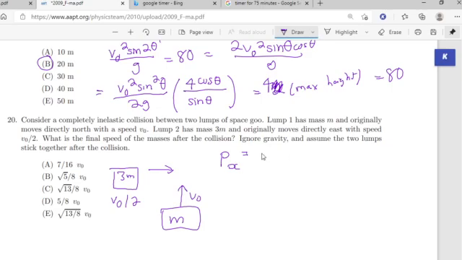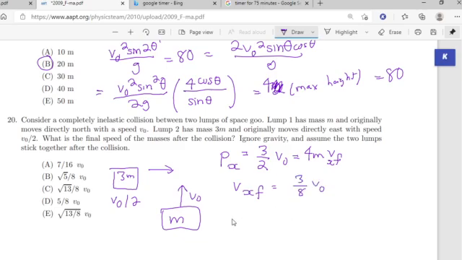So the initial horizontal momentum would be 3/2 m v naught, and then since everything sticks together, it would be 4m times v final. Actually, let's do vx final because this is horizontal. So then we know that vx final would have to be 3/8 v naught.